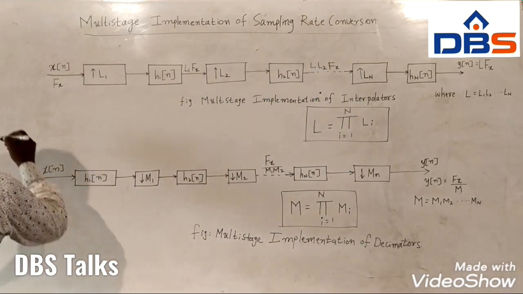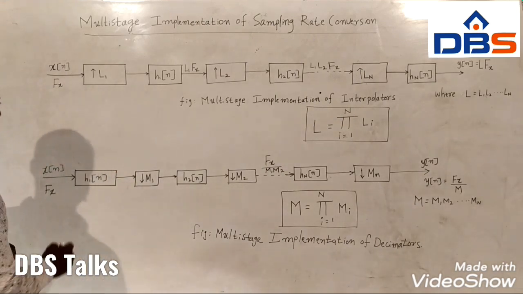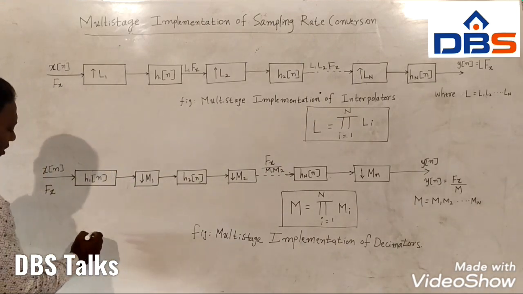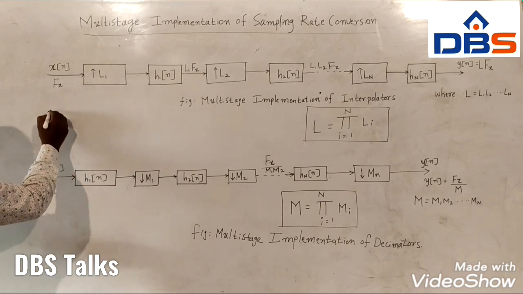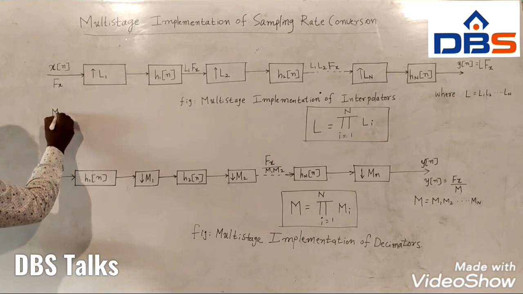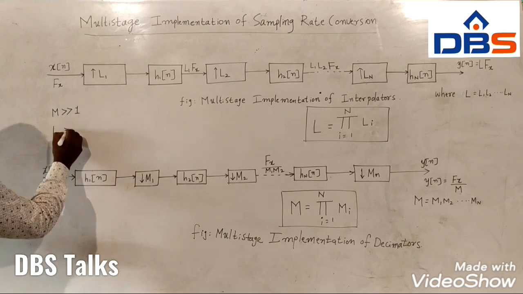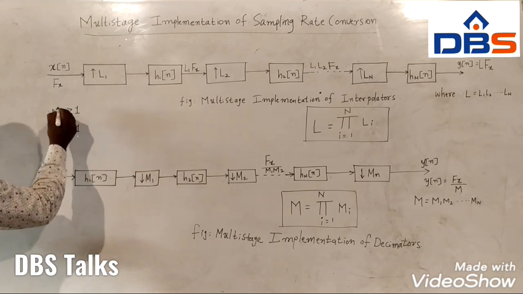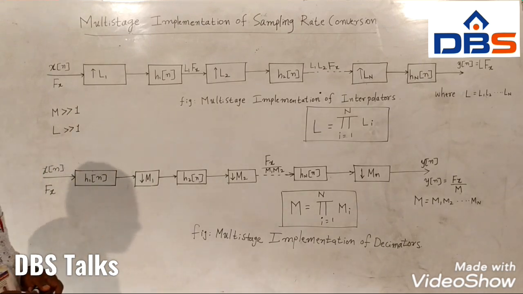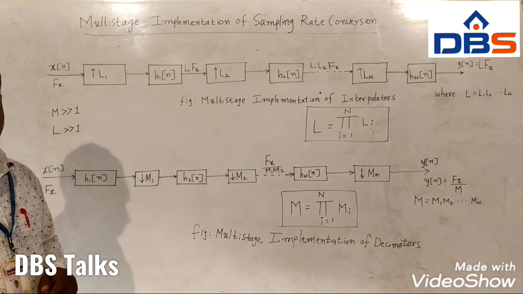So when M is far greater than 1, L is also far greater than 1. M is the decimating factor, L is the interpolating factor.